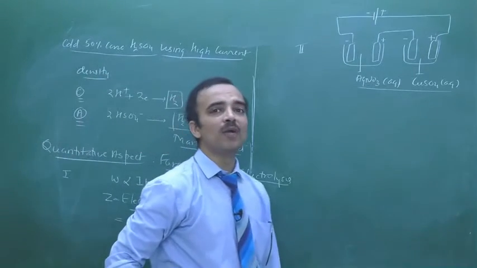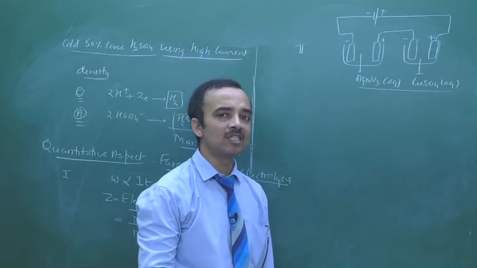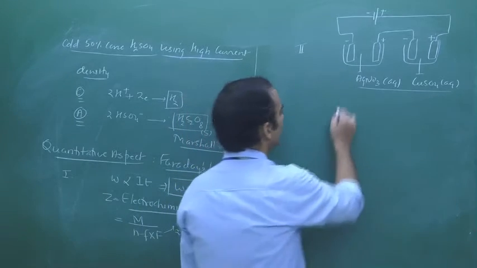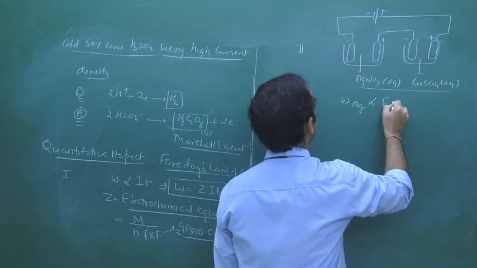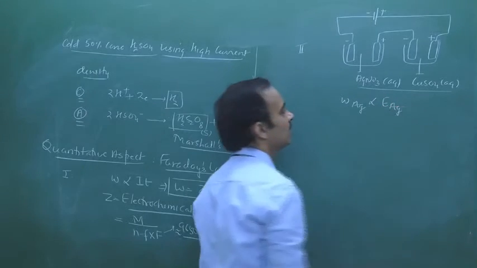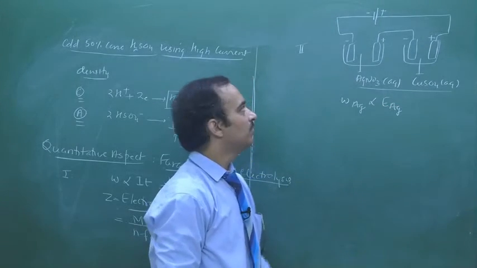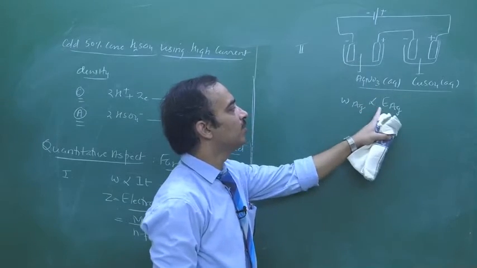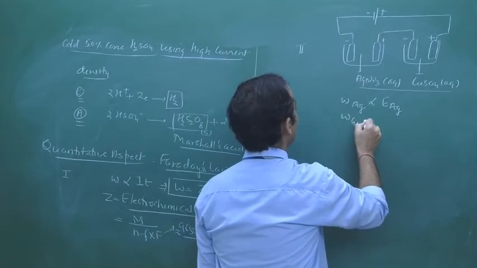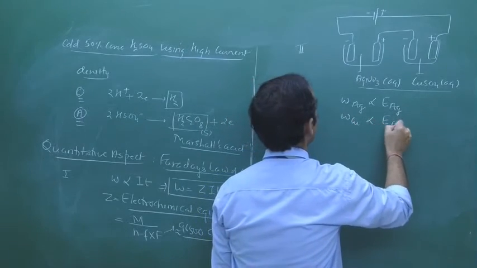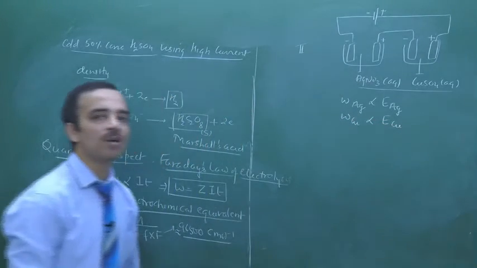So when the same quantity of electricity is passed through these electrolytes, then mass of silver deposited is proportional to equivalent mass of silver, and mass of copper deposited is proportional to equivalent mass of copper.